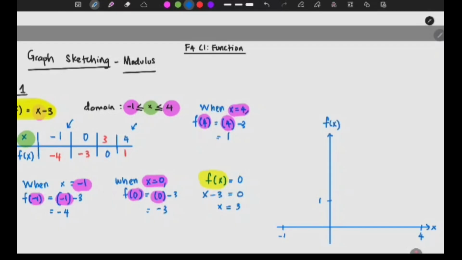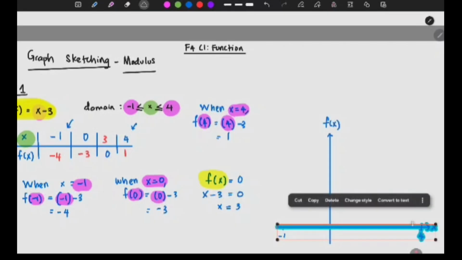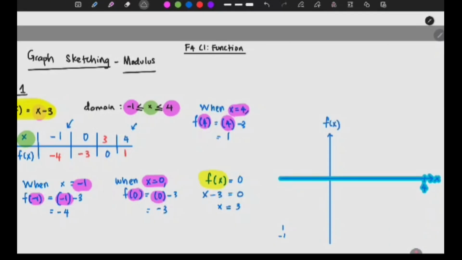So it looks like I have to adjust my graph. Okay, so wait. Let me adjust my graph. I think I should bring this up. Now it looks better. So the maximum is just 1, as you can see.